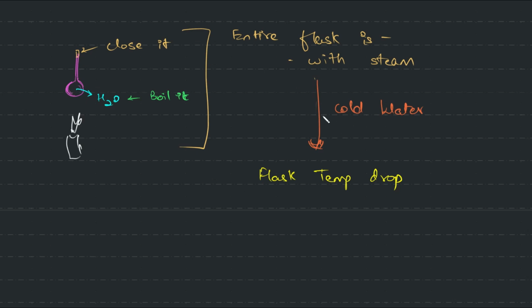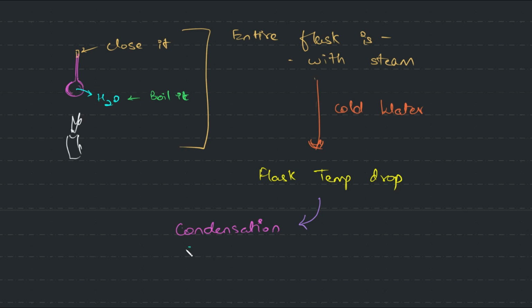So when you put cold water on the setup, the flask temperature drops. And what happens? We see condensation. Is it not, guys? So basically you have your steam becoming liquid, from steam to liquid.